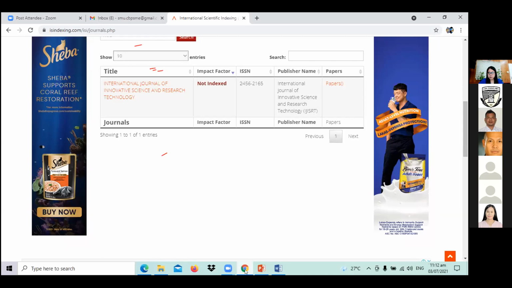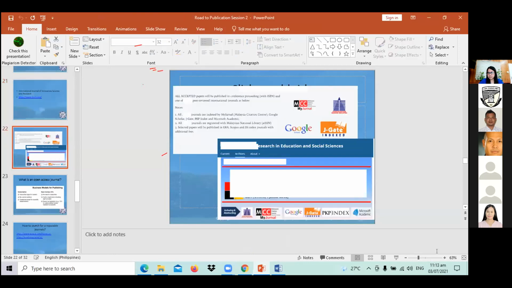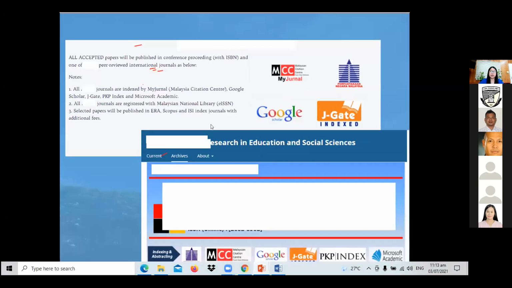Okay, let's move. Another one. So is this. It is claimed here that all accepted papers will be published in conference proceedings with ISBN.